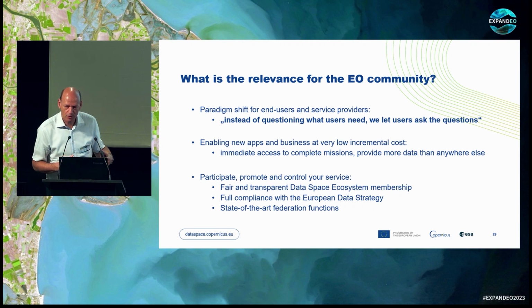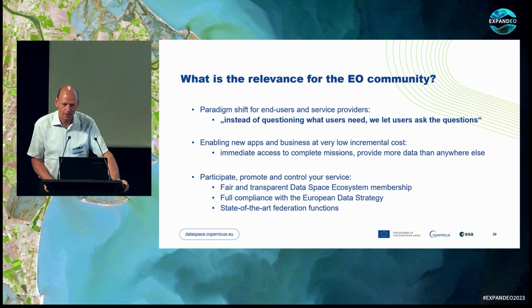So if you are running a service with your user community, they can actually use the data space without having a new password, without having to remember access codes, but simply by this federation be enabled to use the service, and also have a machine able to use the service through machine-to-machine communication in a very secure way.